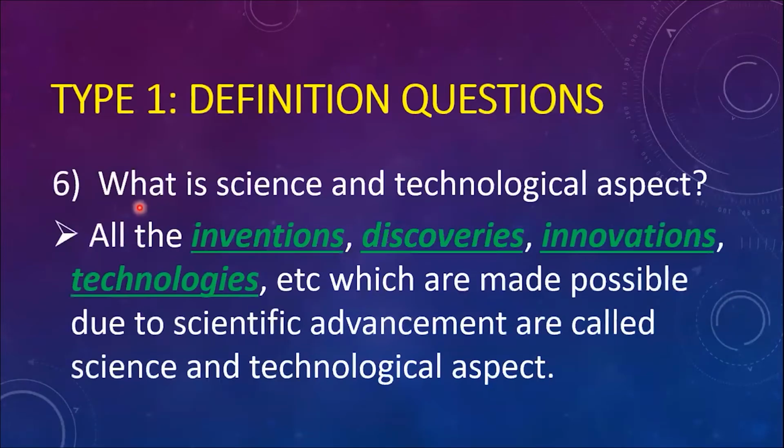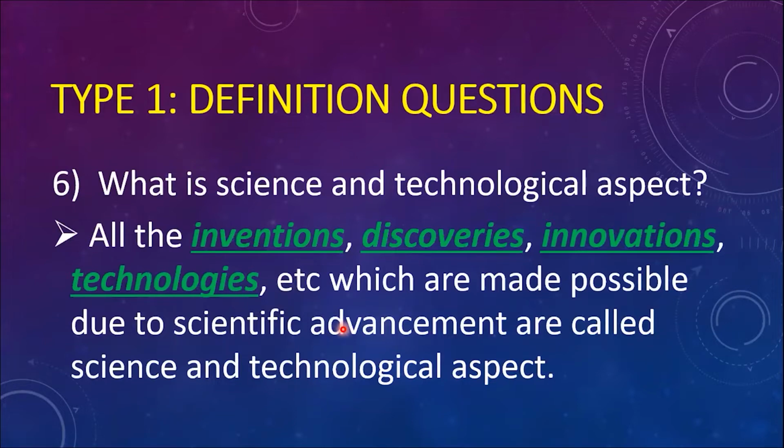Let's go to next. What is science and technological aspect? So you can see all the inventions, discoveries, innovations, technologies, etc. which are made possible due to scientific advancement are called science and technological aspect. So if you know in detail about what are inventions, discoveries, innovations, technologies, this explanation, if you want to know, you can go to the description below.